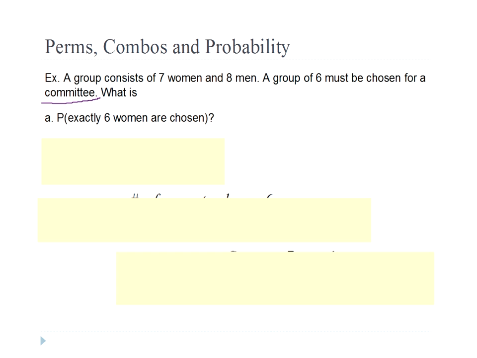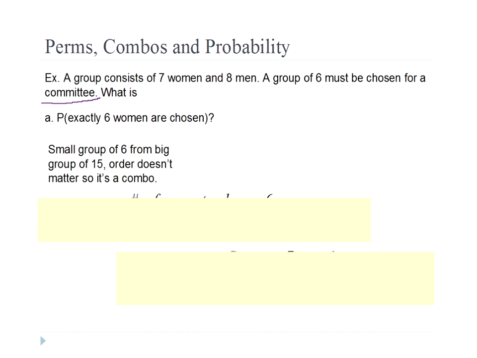What we notice here is, again, that we're dealing with probability. So we're going to use the number of ways to get success divided by the total number of outcomes. We have a small group of 6 from a big group of 15. That's what we're really doing here.